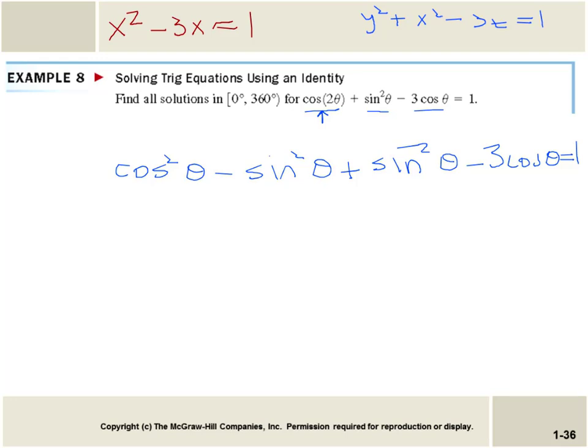Okay. So what am I going to do? There's a very obvious next step here. This is algebra. Right now, it's just an algebra question. What does that mean? How would you subtract the cosines? What would you get if you subtracted the cosines?